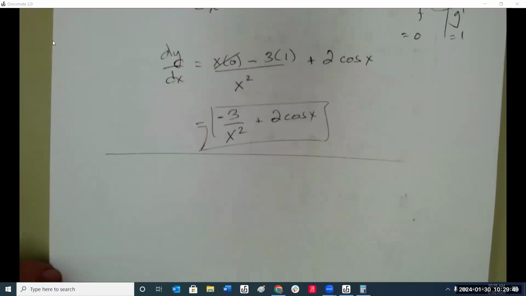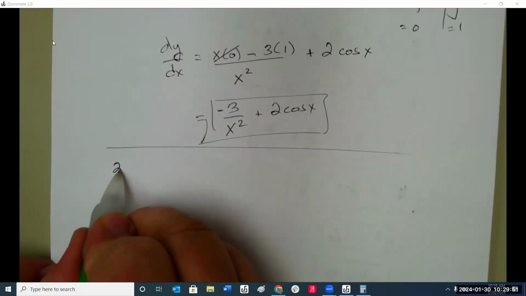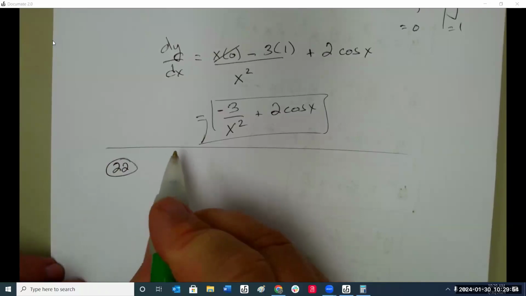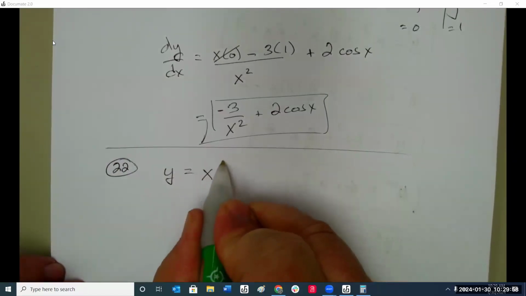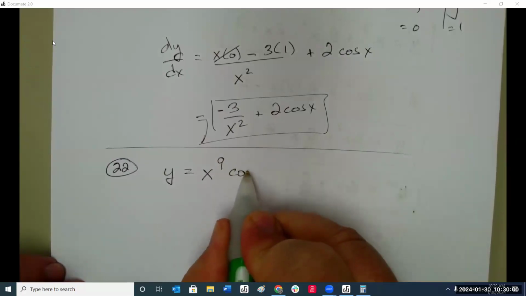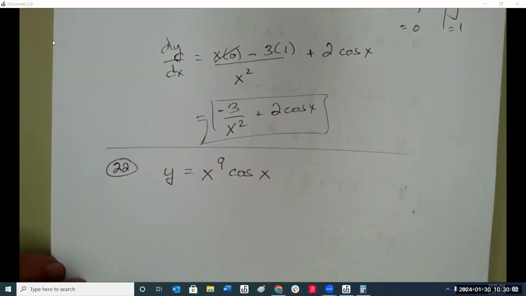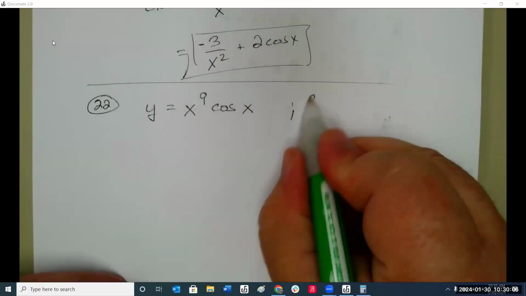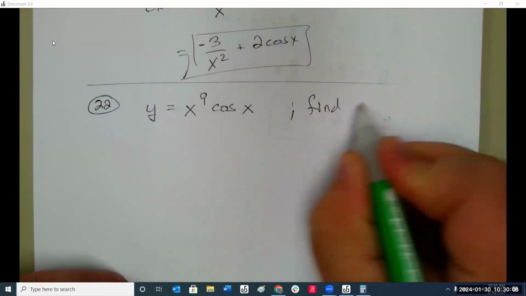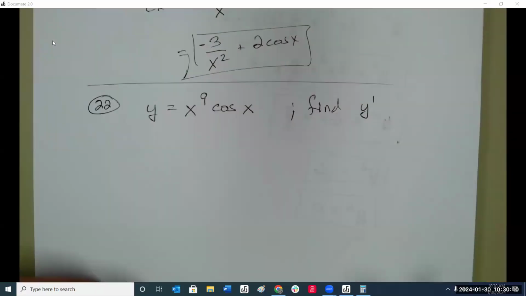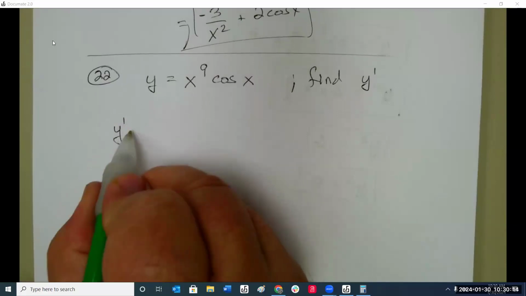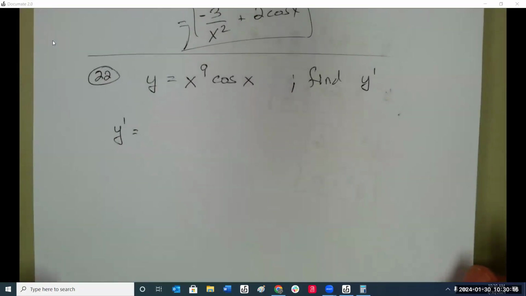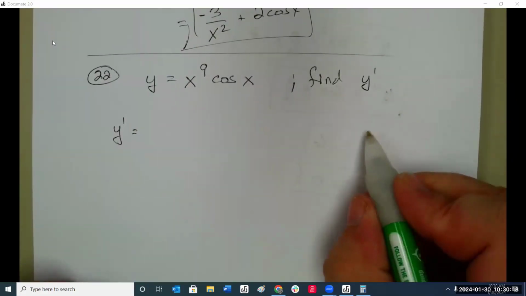Number 22. Find the derivative of this one, x to the 9th cosine x. We do the same thing.